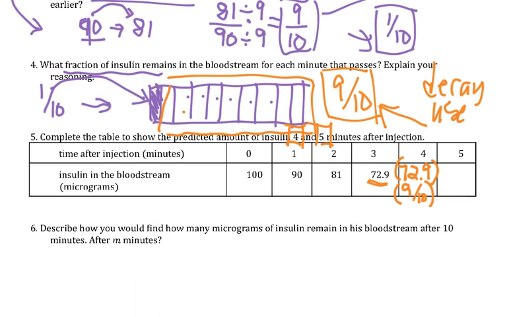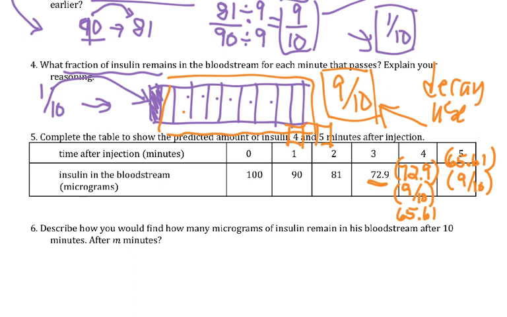And when I do that, I get 65.61 micrograms. Then I'm going to take 65.61 micrograms and multiply that amount by 9/10.